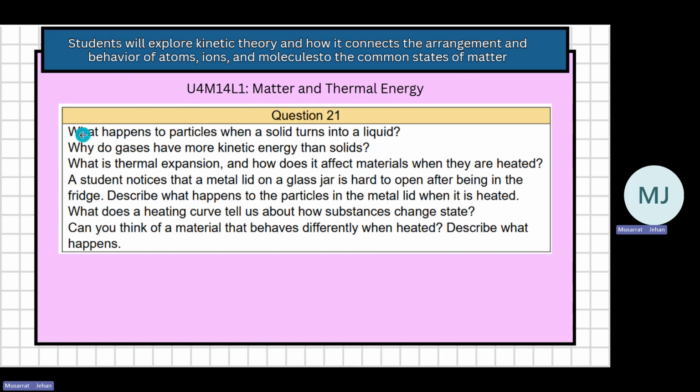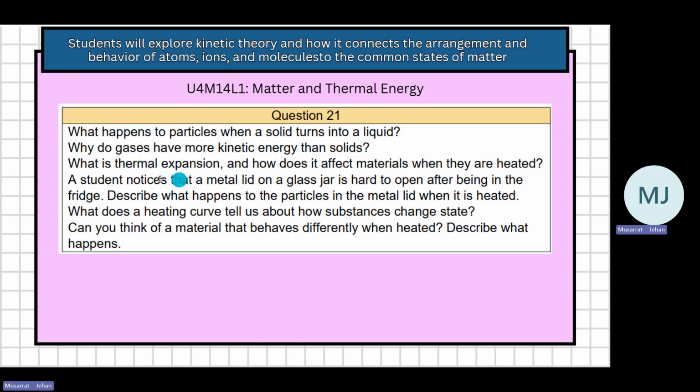It says: what happens to particles when a solid turns into a liquid? Why do gases have more kinetic energy than solids? What is thermal expansion? How does it affect materials when they are heated? A student notices that the metal lid on a glass jar is hard to open after being in the fridge. Describe what happens to the particles in the metal when it is heated.